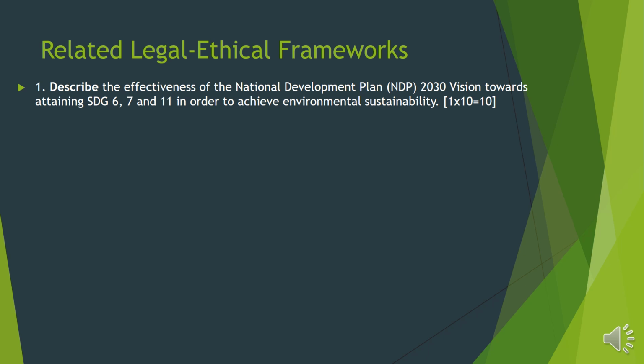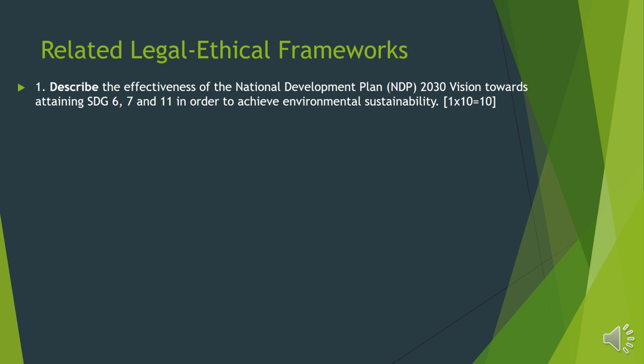The question says: describe the effectiveness of the National Development Plan vision towards attaining SDG number 6, 7, and 11 in order to achieve environmental sustainability. So it's a describe the effectiveness, like how effective has it been?